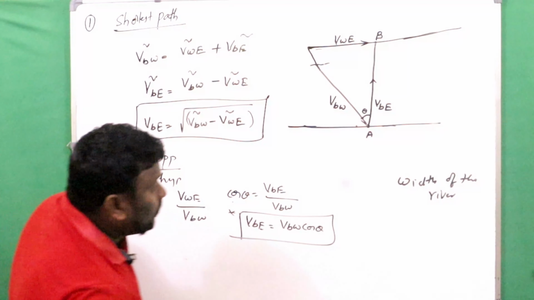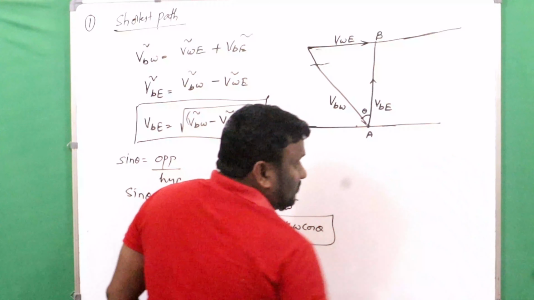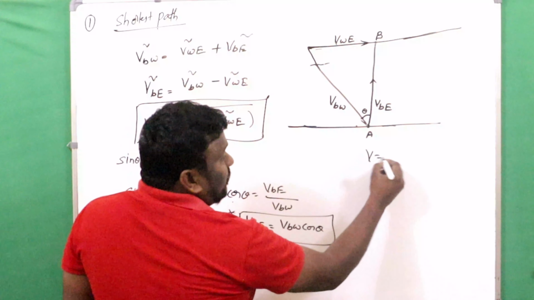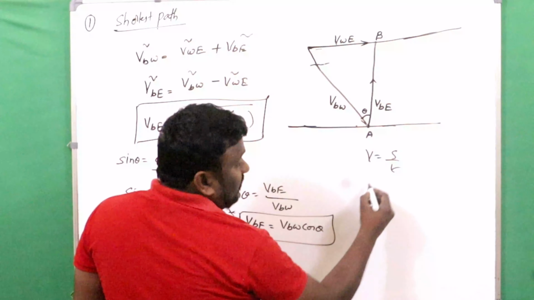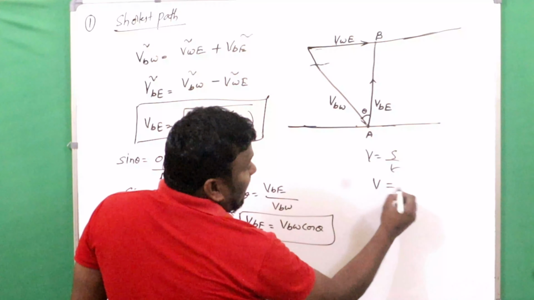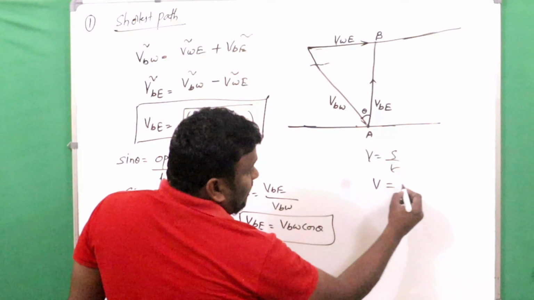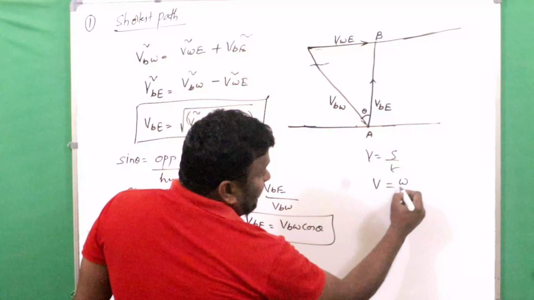And now, what do we know about time taken? Velocity is equal to displacement by time. Here displacement is nothing but the width of the river. Velocity is equal to displacement by time, means width by time.